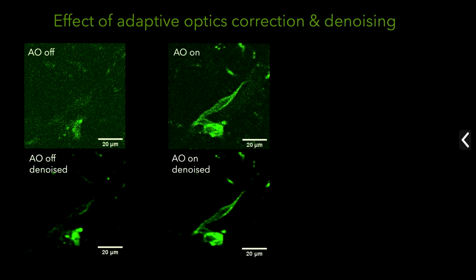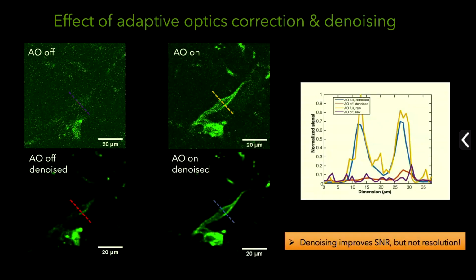As you can see here, by comparing the AO off and on images, even if we denoise the AO off, we get a better contrast, but we cannot resolve the fine features of the glioblastoma cells. This is also recapitulated once you do line plots across these membrane-labeled glioblastoma cells, where only with adaptive optics and then, of course, with denoising, we can nicely resolve them.